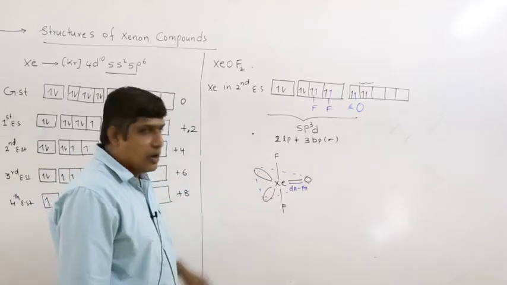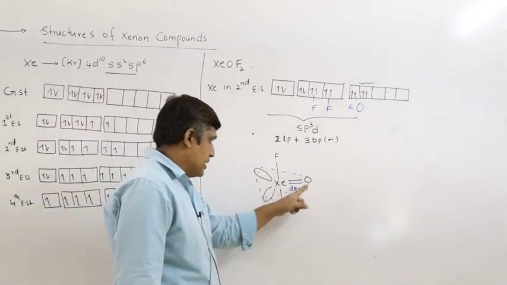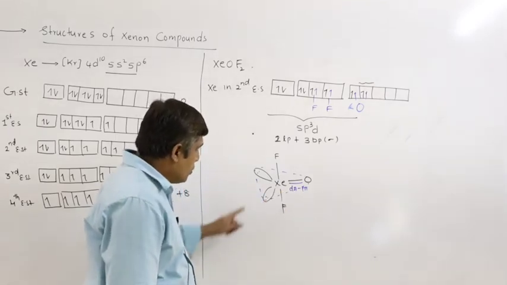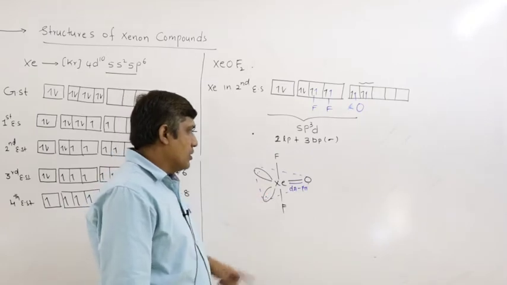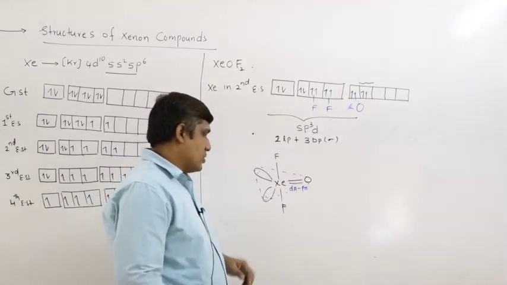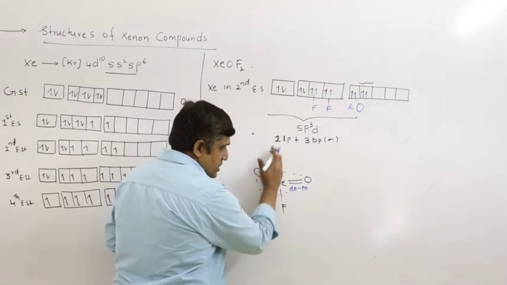So two fluorines are present one above and below the plane. This is a triangular shape with 2 lone pairs and 1 oxygen occupying the corners of the triangle. Therefore these do not contribute anything to the shape. So if you see, this is like a T shape.